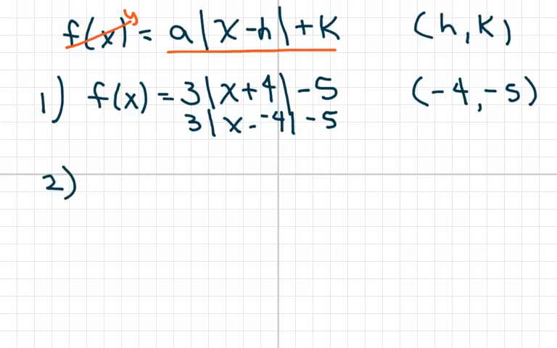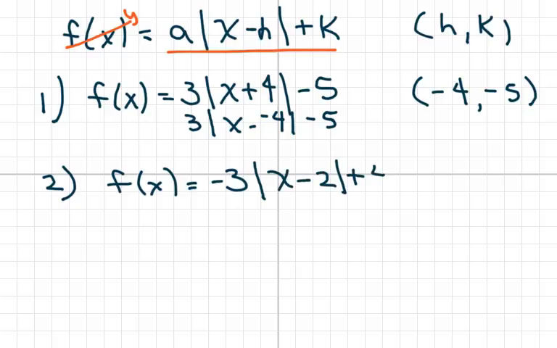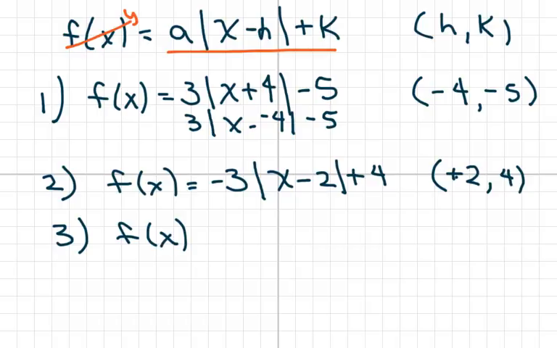Number 2, we have f of x equals negative 3 times the absolute value of x minus 2, plus 4. So my vertex would be (2, 4). And let's do this one. F of x equals negative 6 times absolute value of x plus 3, plus 8.